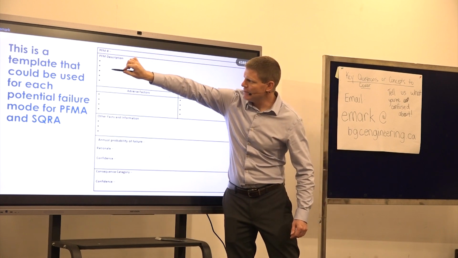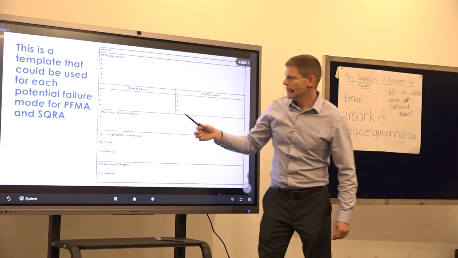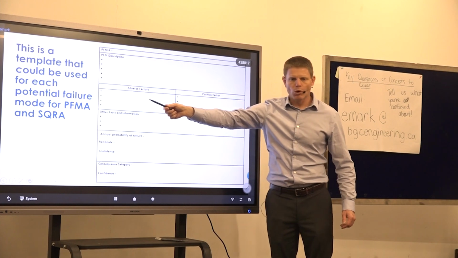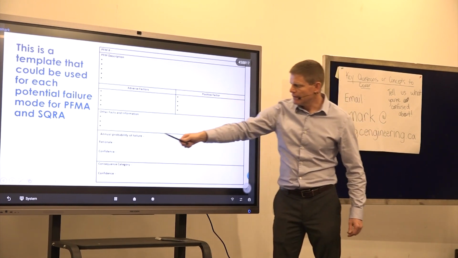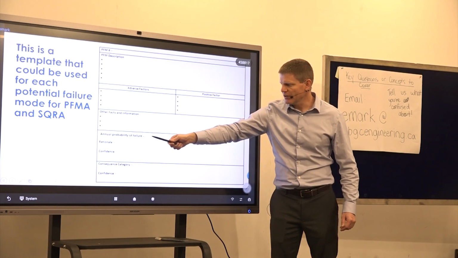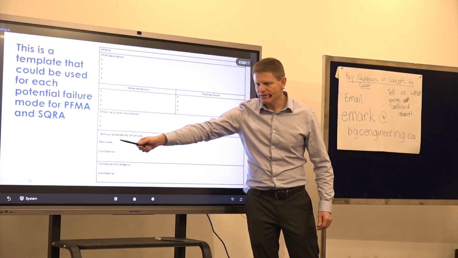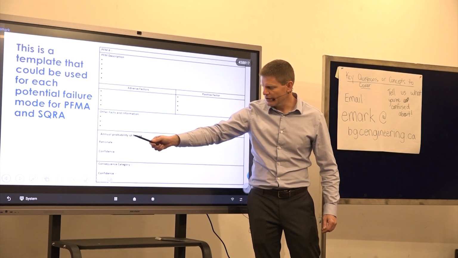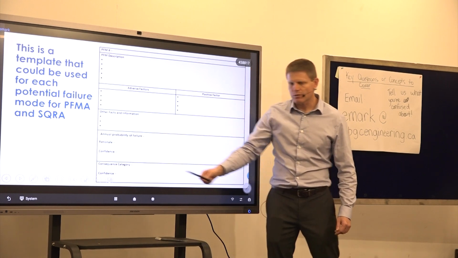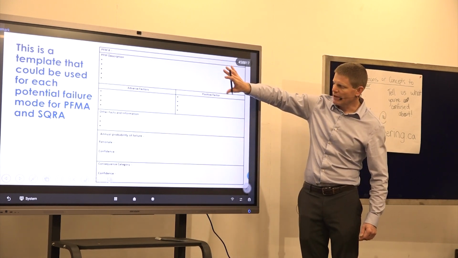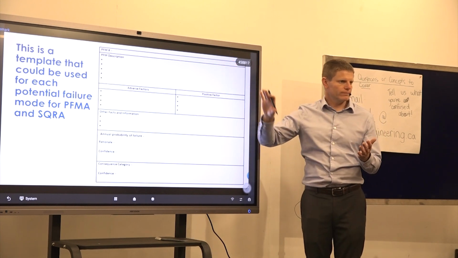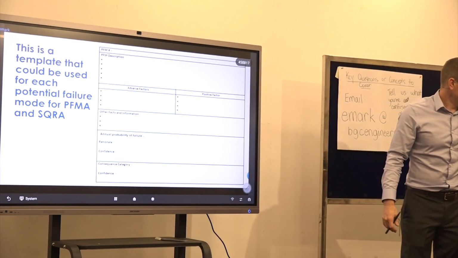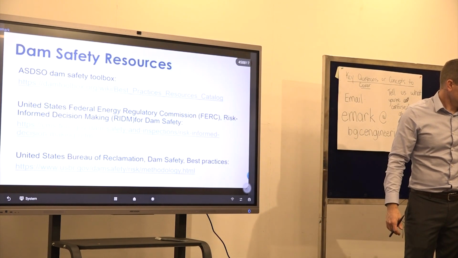Then they describe each of the steps. Then they describe the factors that make it more likely, the factors that make it less likely. Then they describe the probability of failure, the reasons why they assign this probability of failure, and then the same for the consequence. So this is a template that we have used where we'd have one sheet for each of the failure modes. And you work through all of them this way.